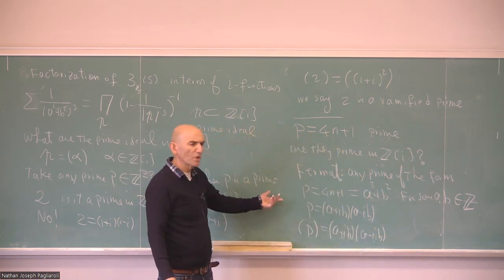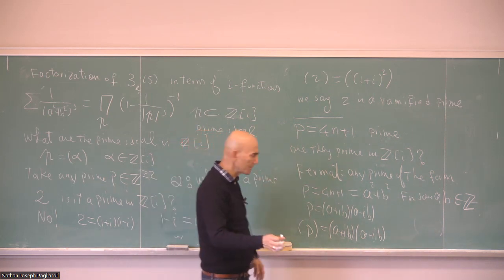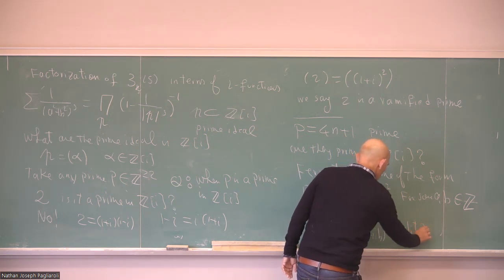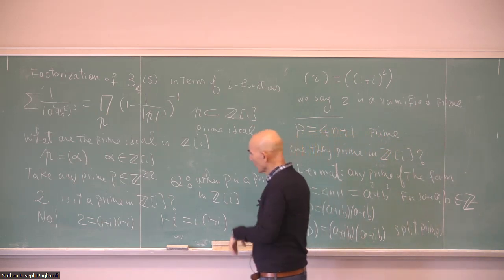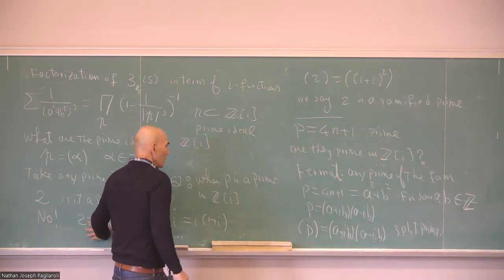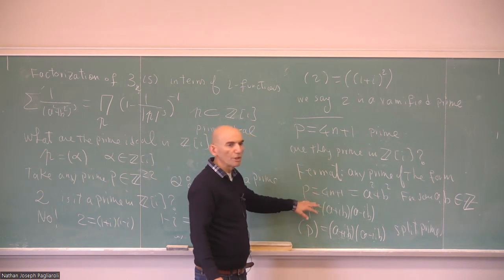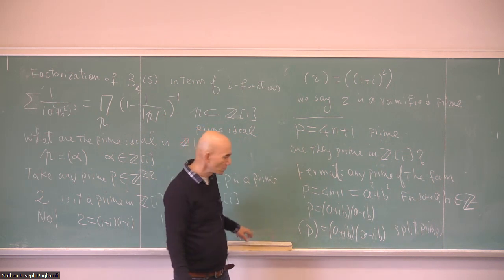So these primes, I believe they are called the split primes. They just divide into two pieces. So they are split primes. Okay, so we discussed the fate of these primes, and only another group remains, which is 4n plus 3.